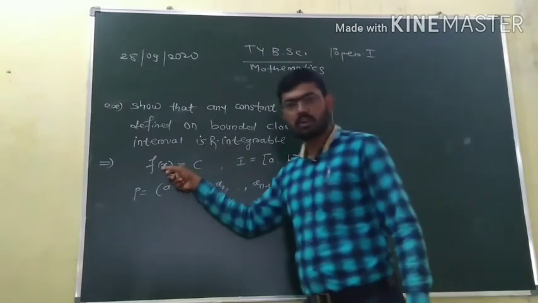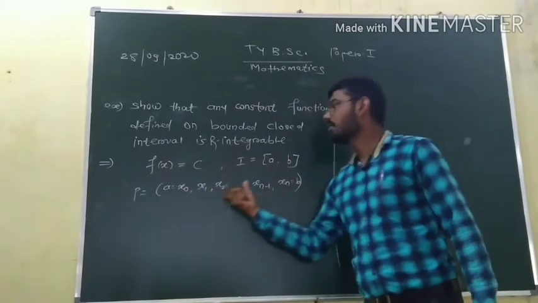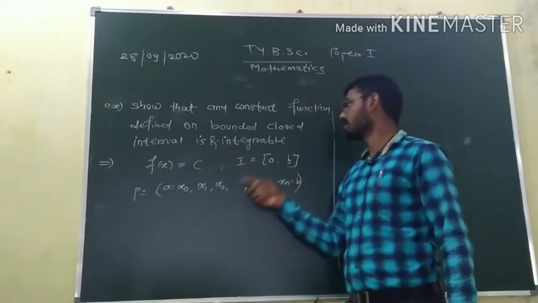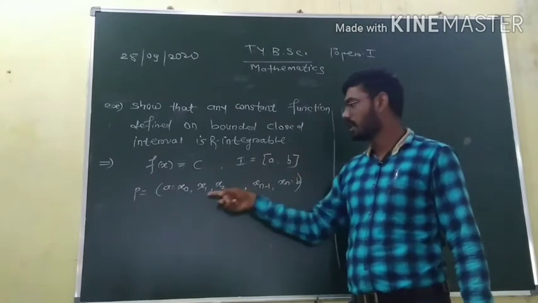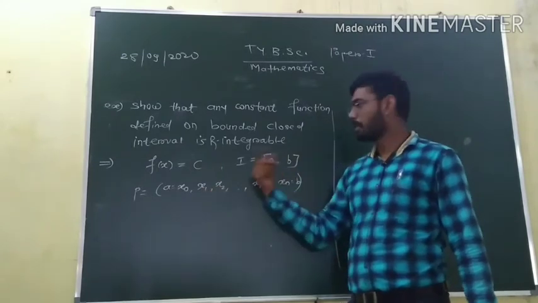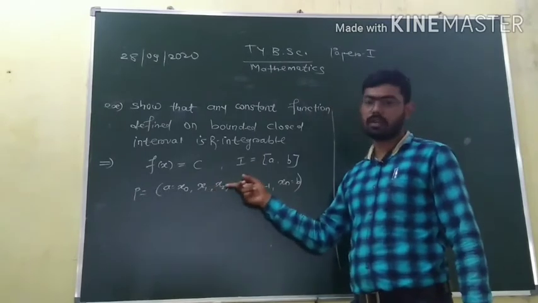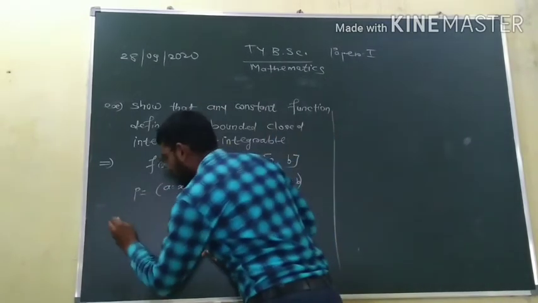So this is the constant function, this is the interval, and we have taken some arbitrary partition of this interval. Now we will calculate the lower sum and upper sum corresponding to this partition. Okay, so what is the lower sum?